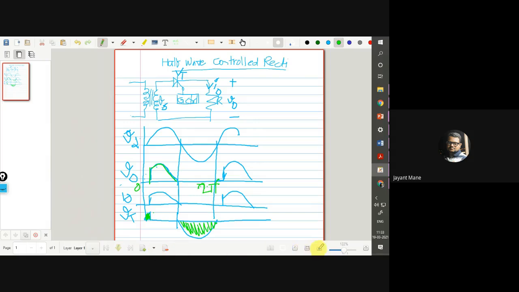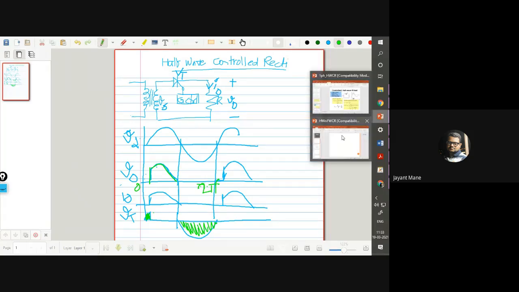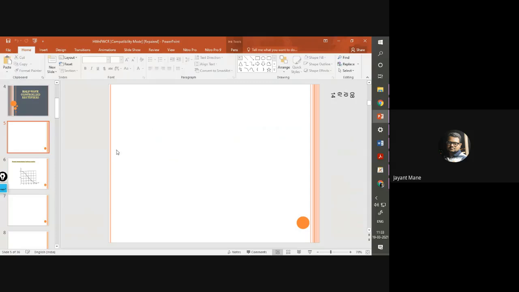To calculate performance parameters, we have to calculate the average area of this waveform over one cycle, then RMS value for voltage and current both, and then we can calculate the different parameters. So starting with average value.